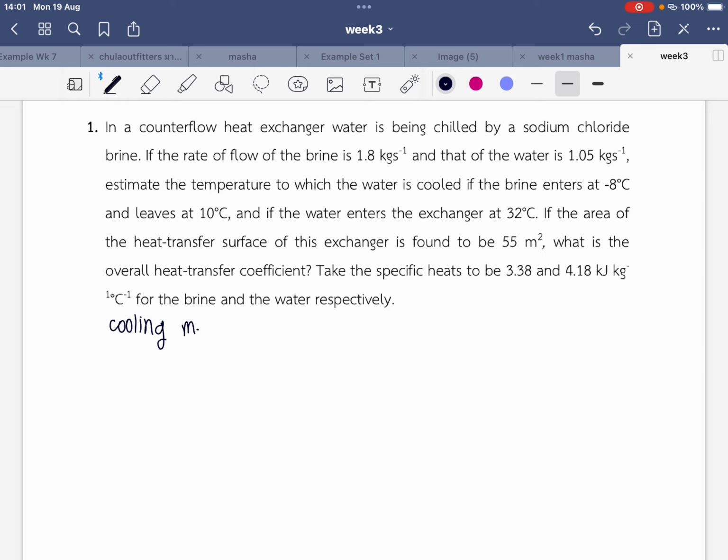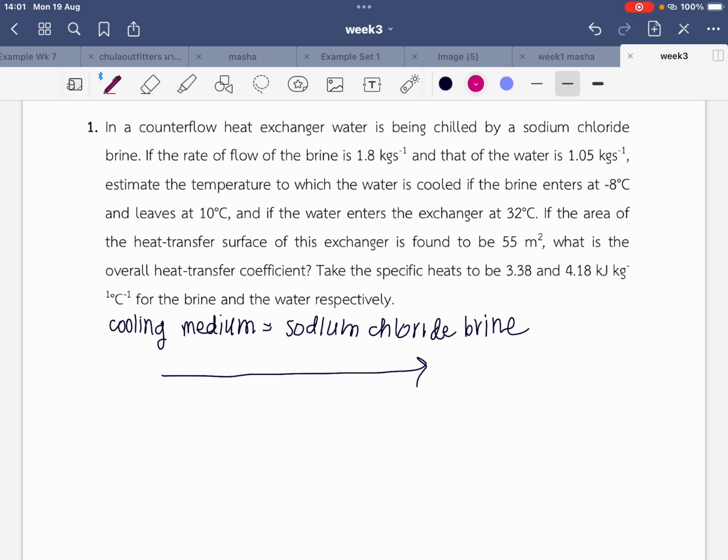Medium, brine, and what? We know that the rate of flow is 1.8, and the water is at temperature 8, minus 8, and leaves at 10.